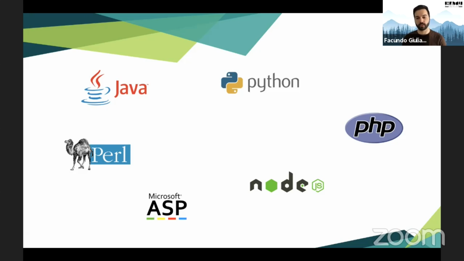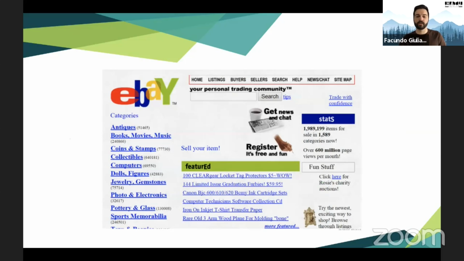We have Python, PHP, Node.js, depending on what we wanted to do. We have different tools and different programming languages that we can use. But again, these languages were used by the web server to generate HTML documents that we return to the user.